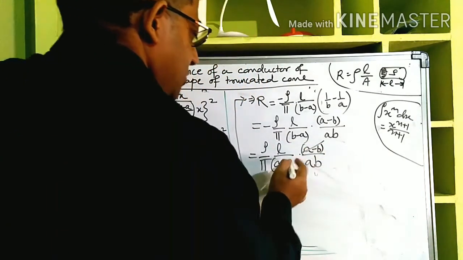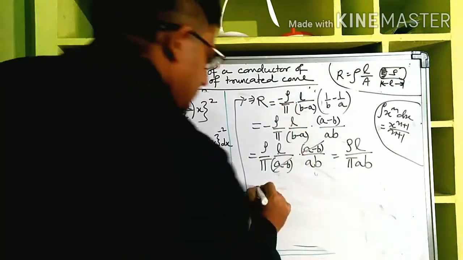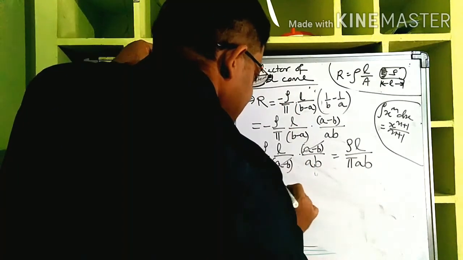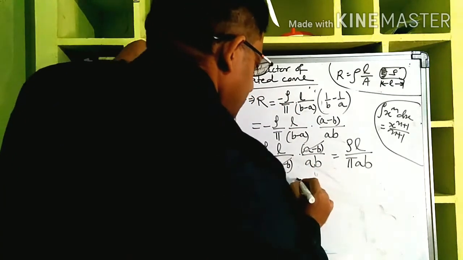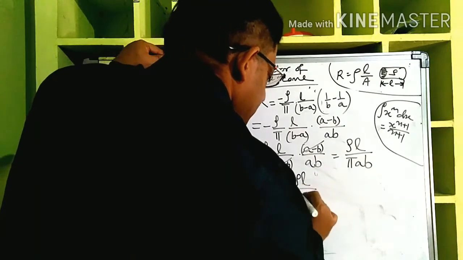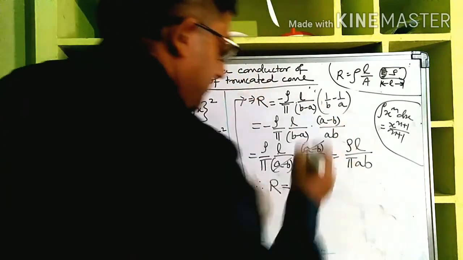This A minus B gets cancelled with that A minus B. Therefore, the net resistance R is equal to rho L by pi AB.